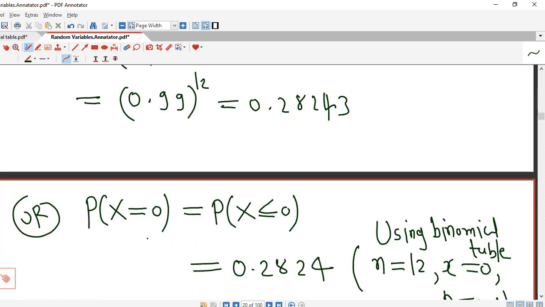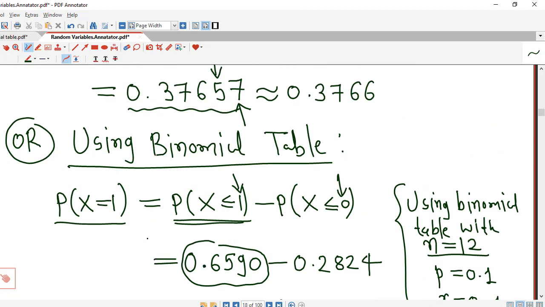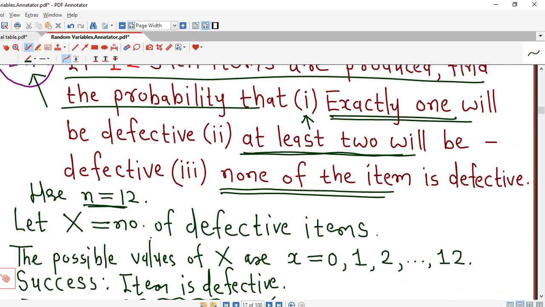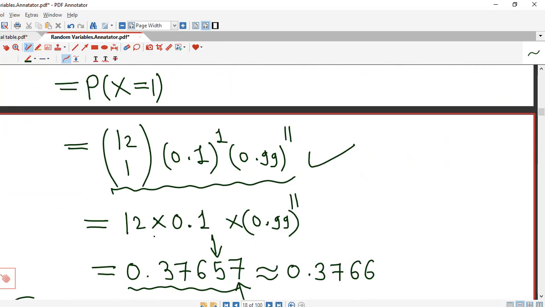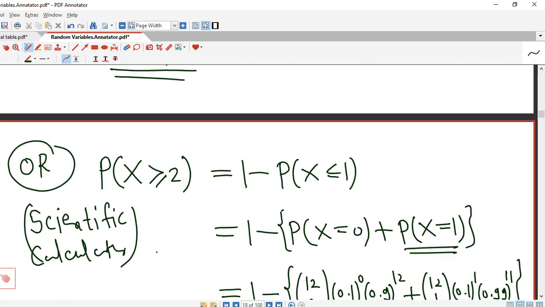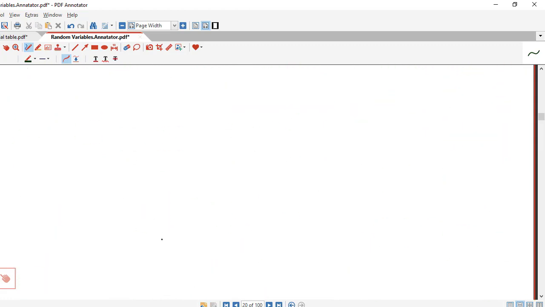Okay, so this is a very easy problem. You just have to decide whether your problem is of binomial probability distribution or not. For that you must remember all 4 requirements of an experiment to be a binomial experiment.